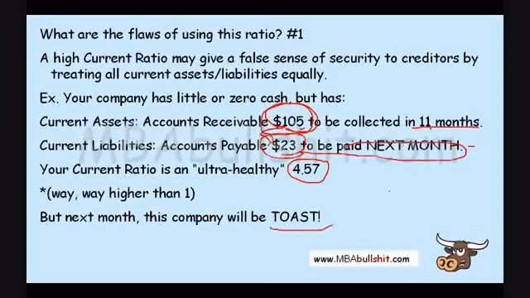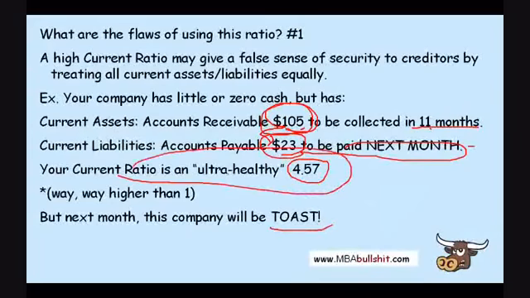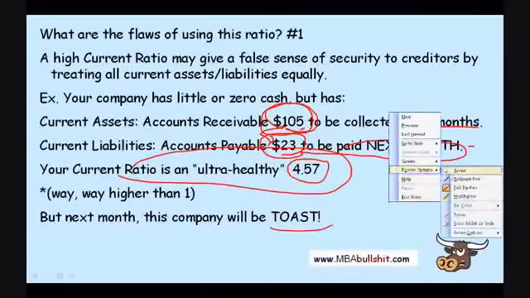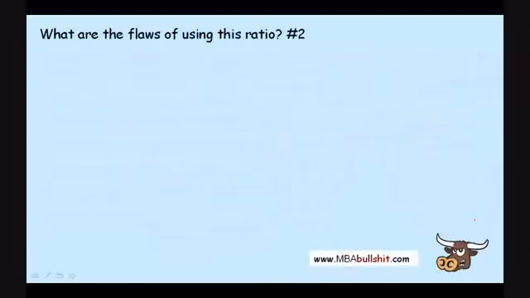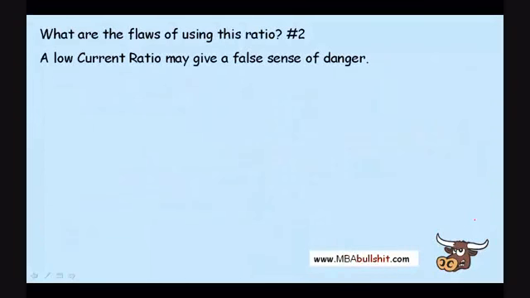So your company will be toast, okay? Your company will have a cash flow problem and it will not be able to pay its debts, even if your current ratio is an ultra healthy 4.57. Okay? So that's it.